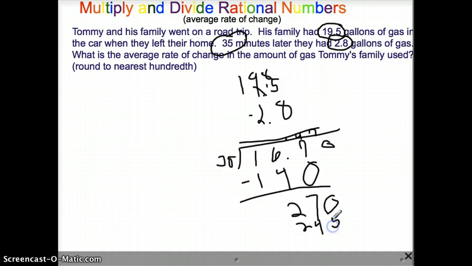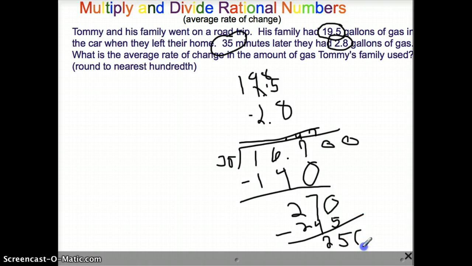Okay, let's subtract that. That would equal 25, excuse me. And then you bring down your 0. Since we're going to round it to the nearest hundredth, we still need to go to the thousandths place.